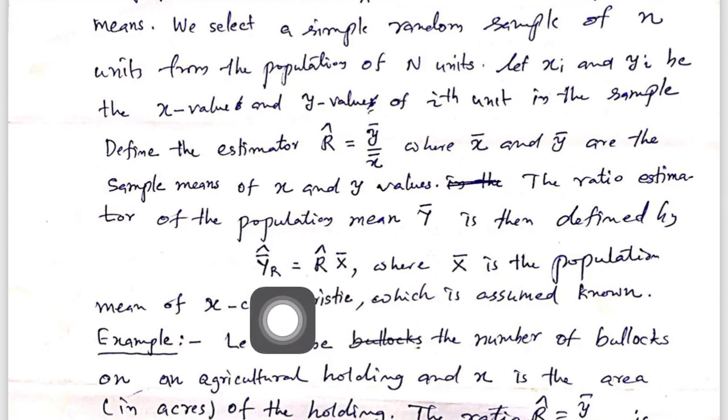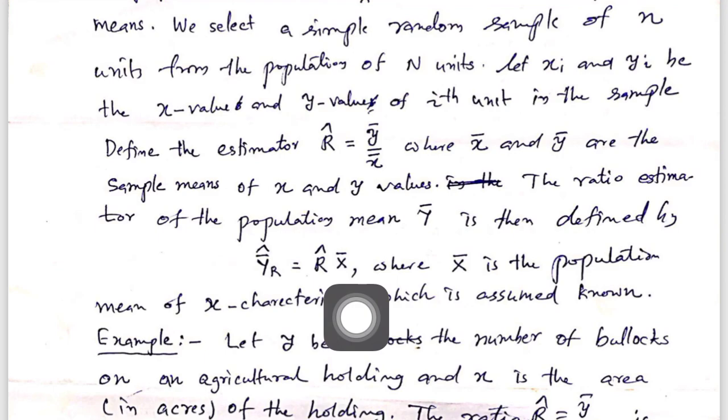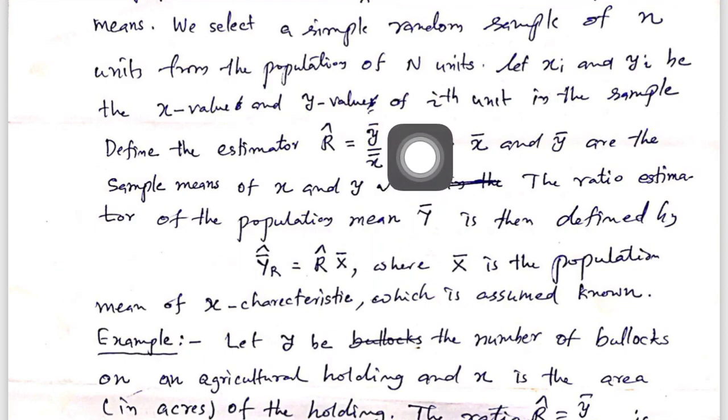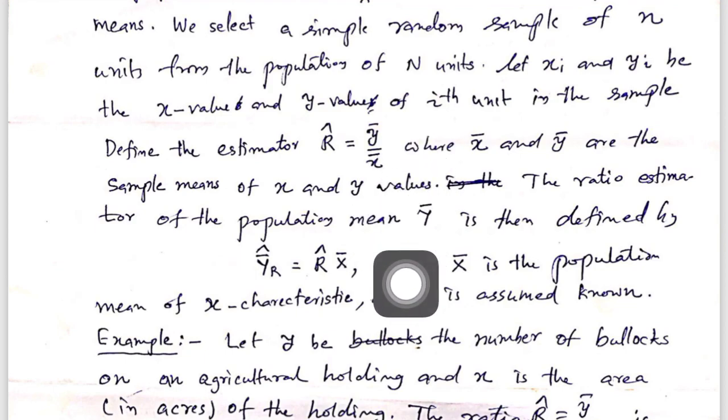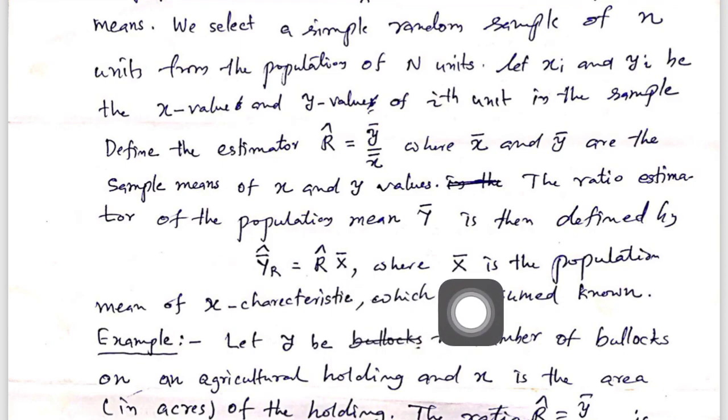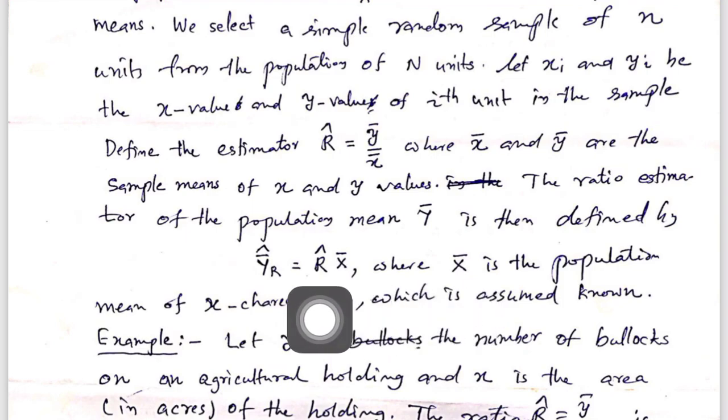So in order to define this estimator, what you require is r hat, which is equal to sample mean of y by sample mean of x, and capital X bar, which is the population mean of x variable. You can see from this definition that in order to estimate capital Y bar, you require the knowledge of the population mean of x variable.